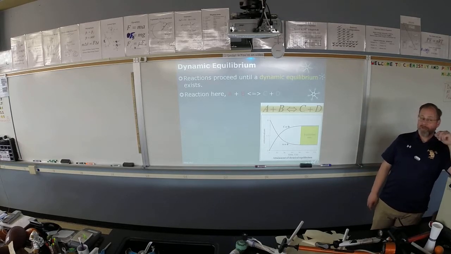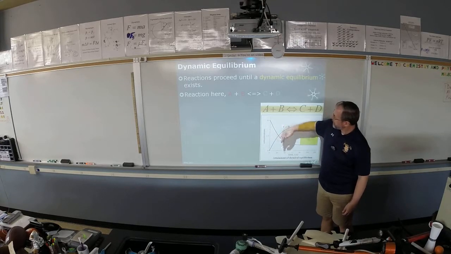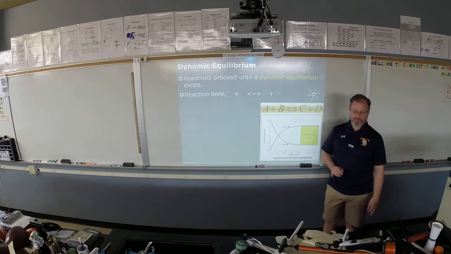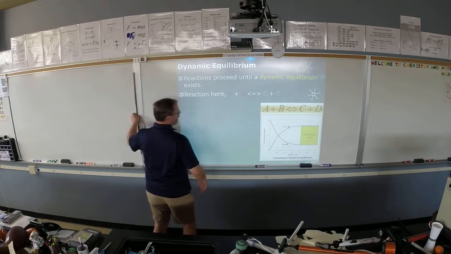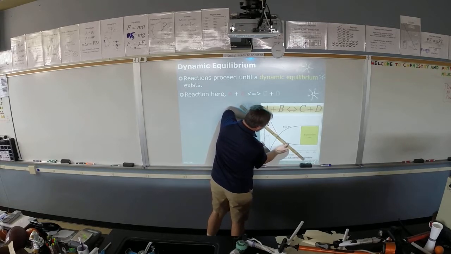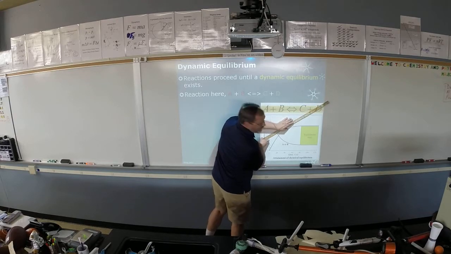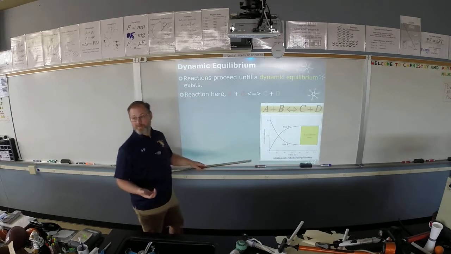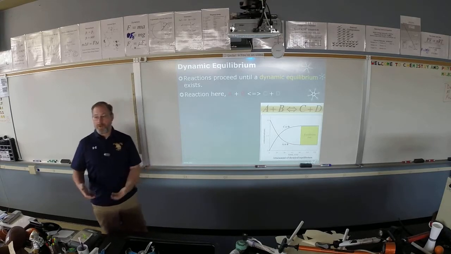Now, we learned last unit that the rate of reaction can be given to us by the slope of the concentration time curve. The slope at which A and B is being used up is the same as the slope at which C and D is being made, only they're opposite signs. So their magnitude is the same as they progress.